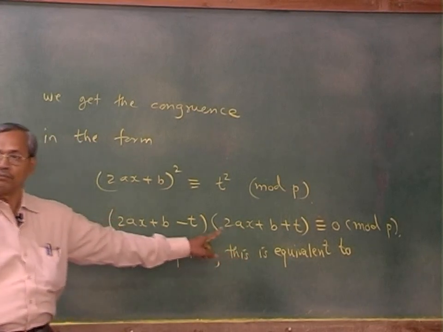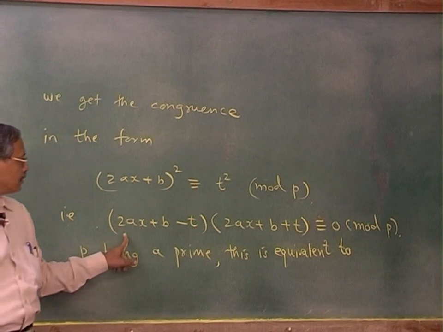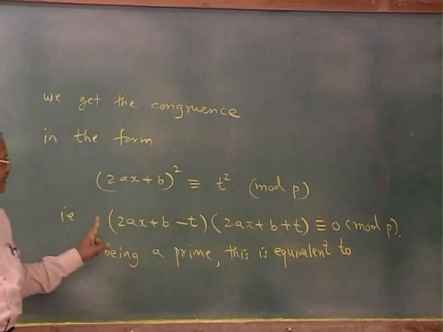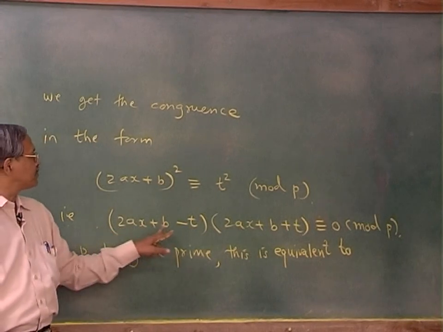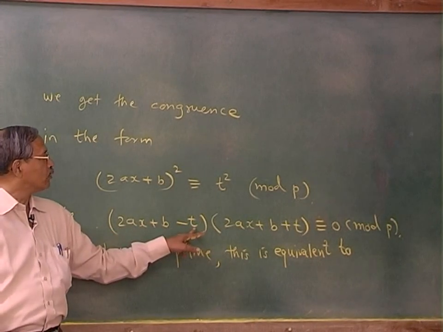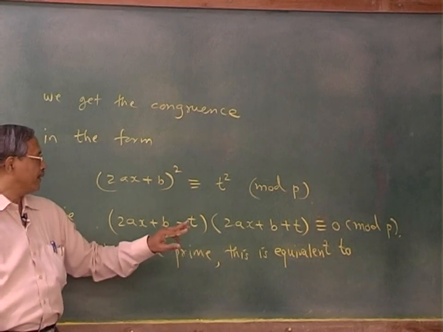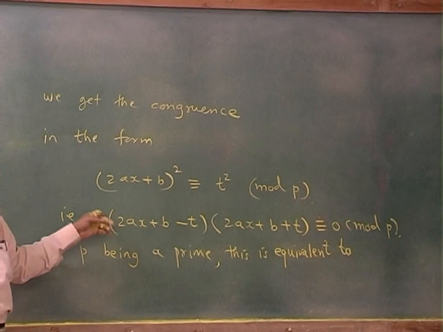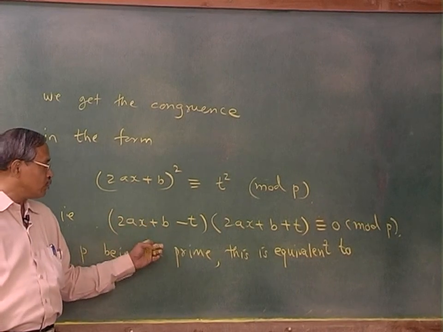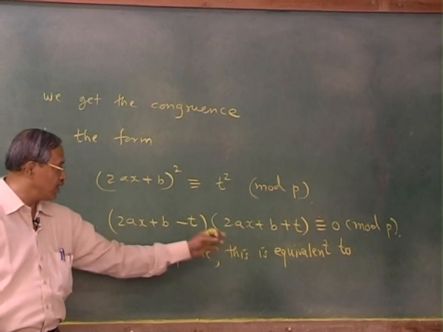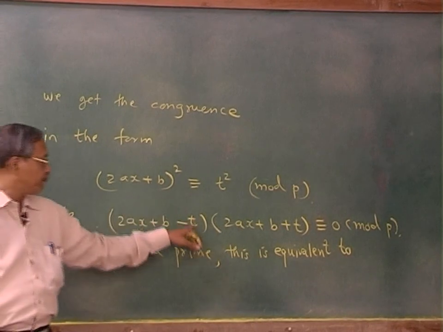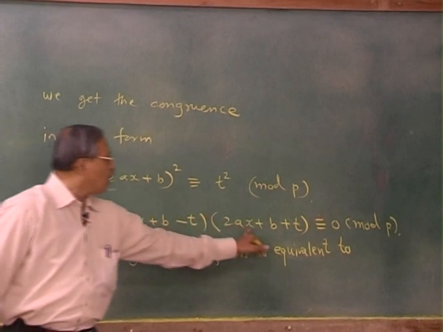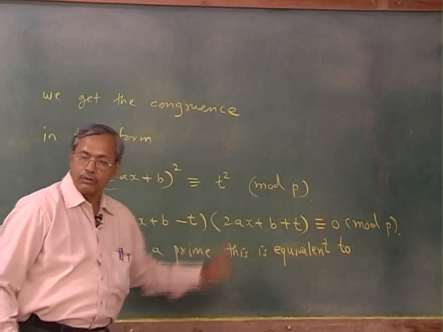What does that mean? p divides either the first one or p divides the second one. p dividing the first one means 2ax plus b minus t congruent to 0 mod p. Does this have a solution? Either the first congruence, this congruent to 0 mod p, has a solution, or this other one congruent to 0 mod p has a solution.